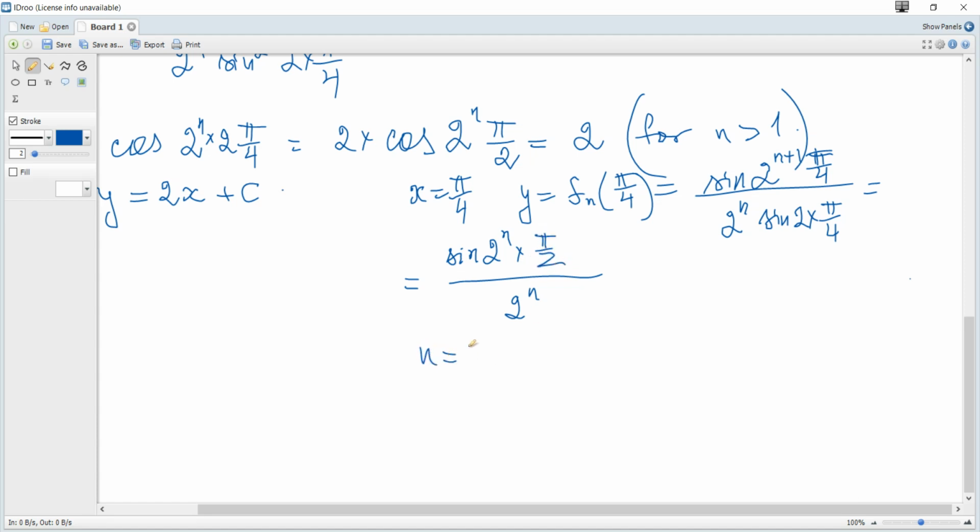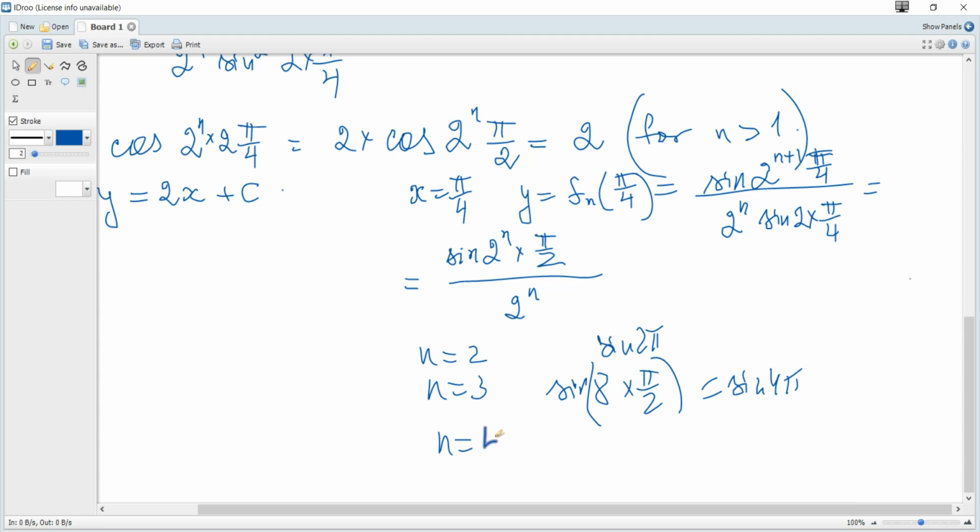When n is 2, it's 4 times pi over 2, which is 2 pi, sine of 2 pi. When n is 3, it will be 8 times pi over 2, so we get sine of 4 pi.